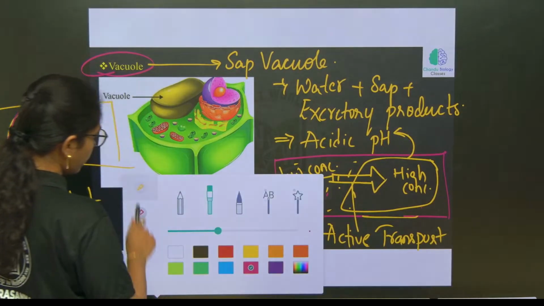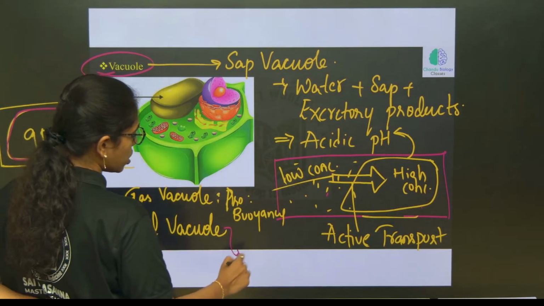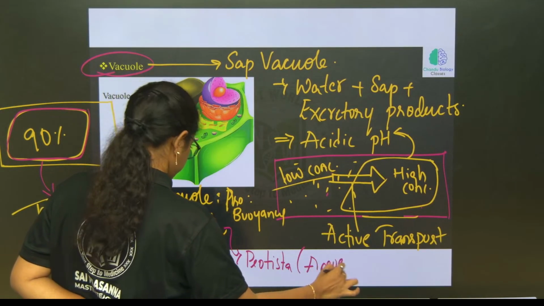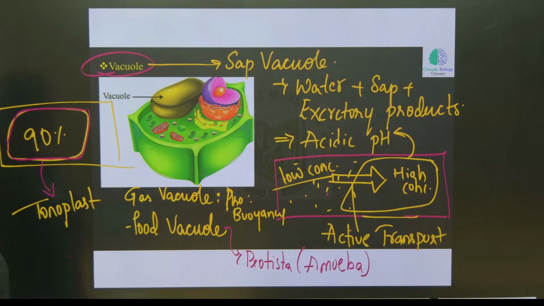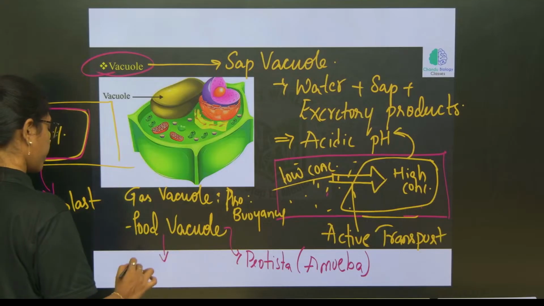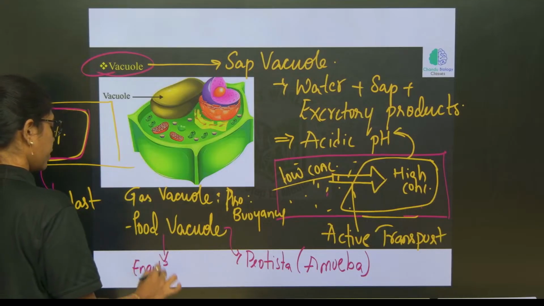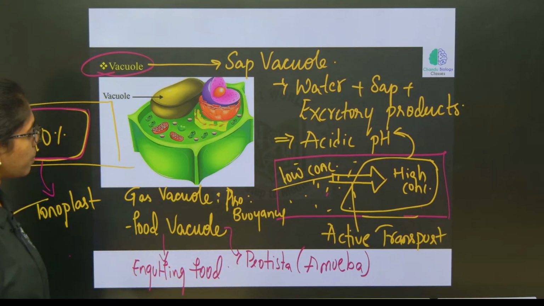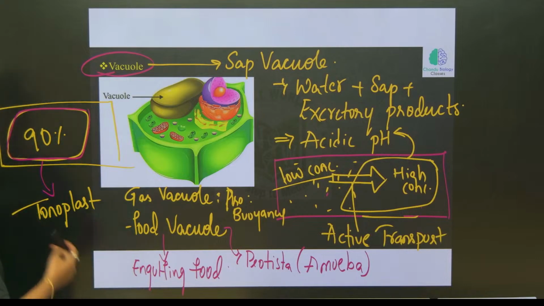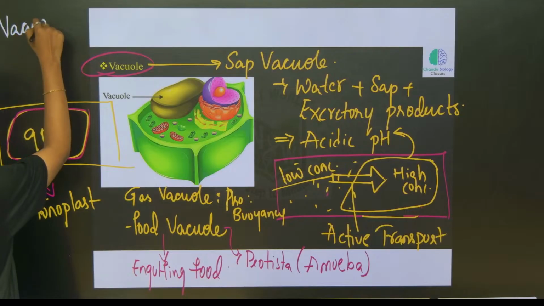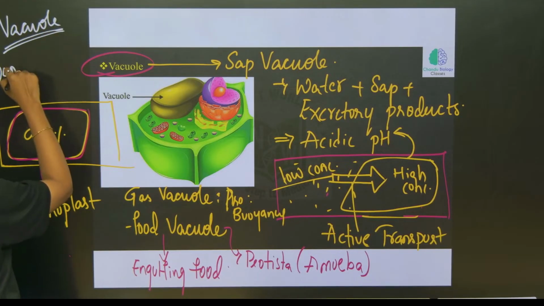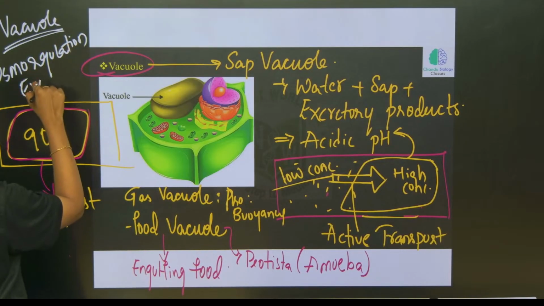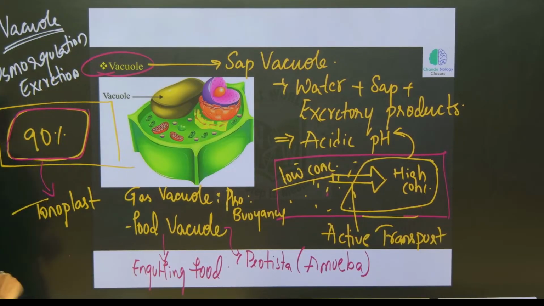Food vacuole observed in protistans like amoeba helps in engulfing food. Fine. This is about gas vacuole and food vacuole. And the vacuole which is present in euglena helps both in osmoregulation and excretion. Okay. This is about vacuole.